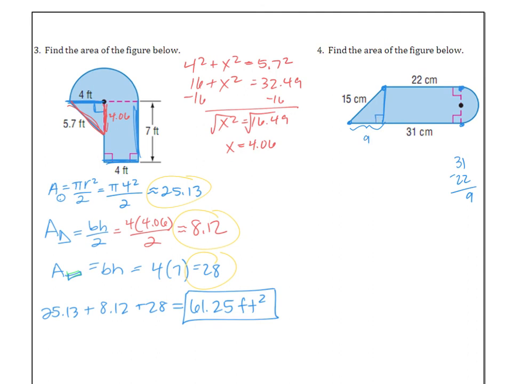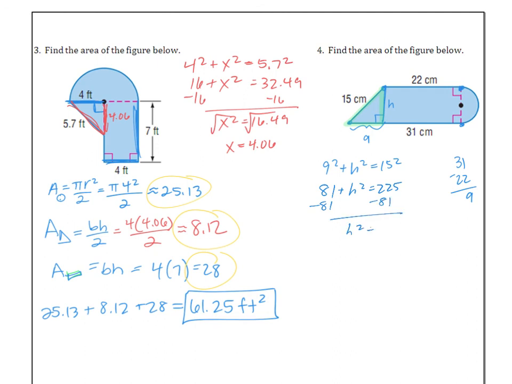This is going to be a right angle, and I'm going to do Pythagorean theorem to get this height. I'll call it h. So I'm going to do 9 squared plus h squared equals 15 squared. I'm using this triangle over here on the left. So we have 81 plus h squared equals 225. Subtract your 81.